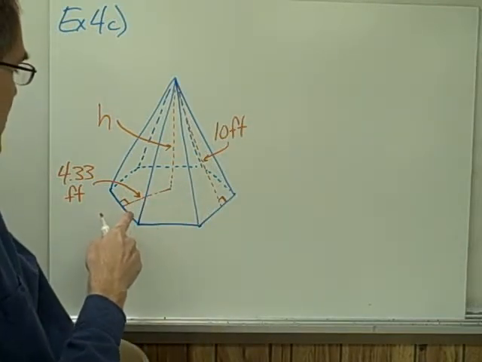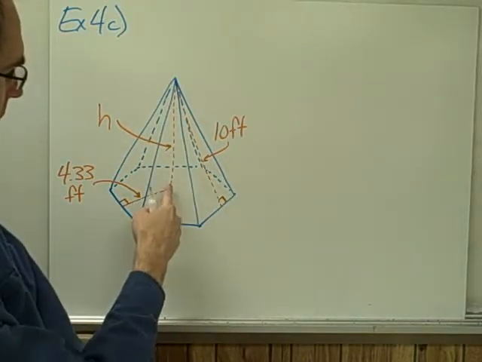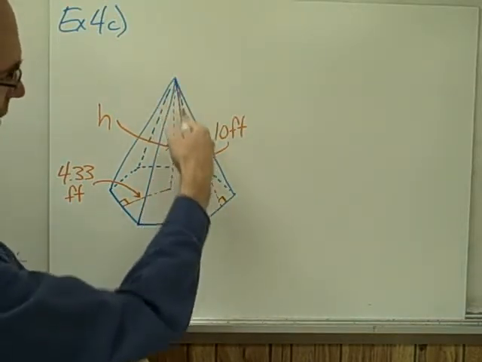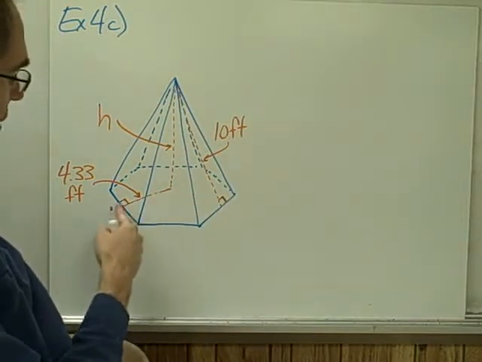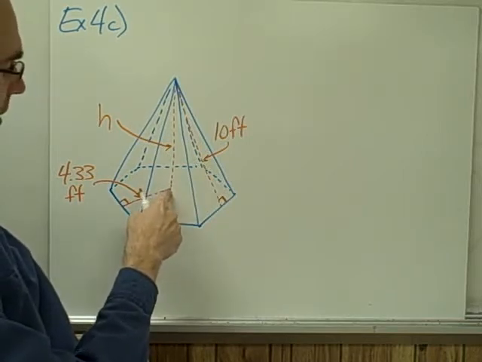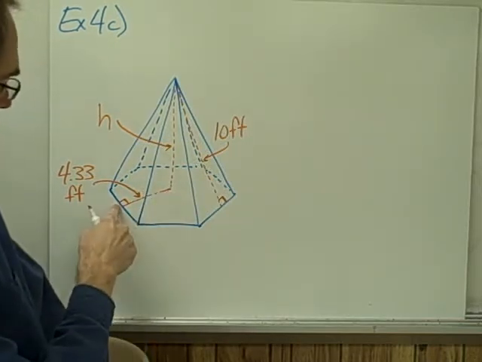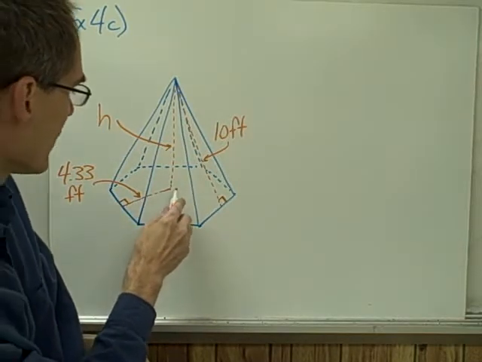And what I'm going to do is I'm going to note that here's the height of my pyramid, this orange line here. I already know the slant height of my pyramid, that's 10 feet. I also already know the apothem, which is the distance from the center of my base hexagon, perpendicular to the opposite side.